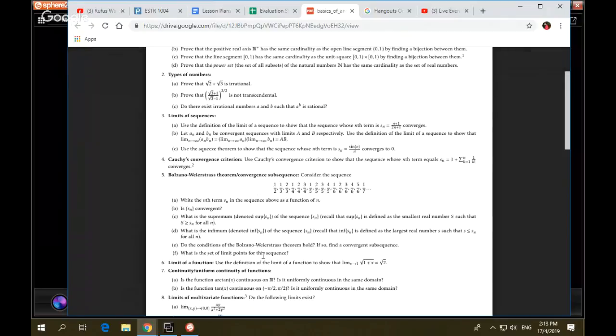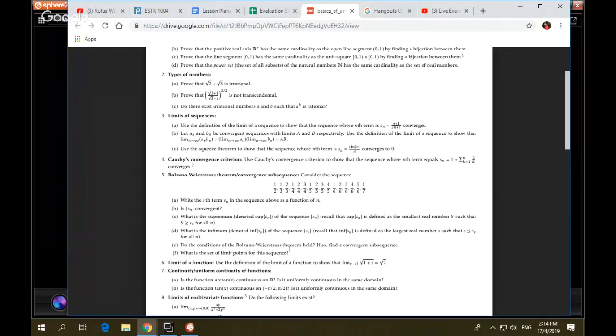Now, maybe the most interesting part of this question is the last part, which asks you to find the set of limit points of this sequence. A limit point of a sequence is a point such that you can find a subsequence within the sequence that converges to that limit point. Let me say that again.